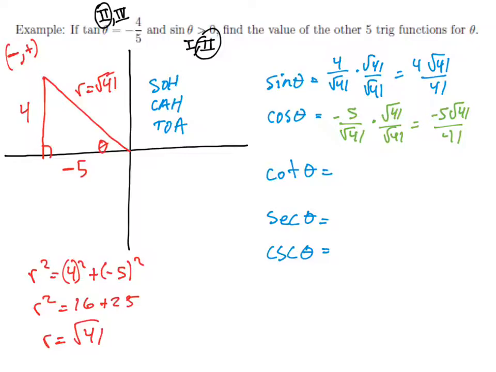And rationalizing, we get negative 5 square root 41 over 41. Cotangent is just the reciprocal of tangent, so that's going to be negative 5/4. Secant is the reciprocal of cosine, so the reciprocal of cosine, let's use that first version. We have negative square root 41 over 5, and then cosecant is the reciprocal of sine. We get positive square root 41 over 4.